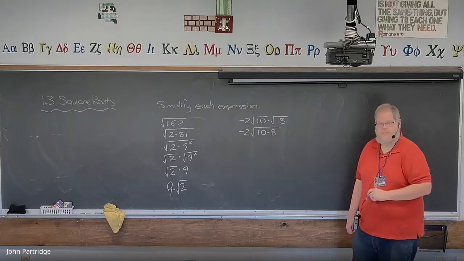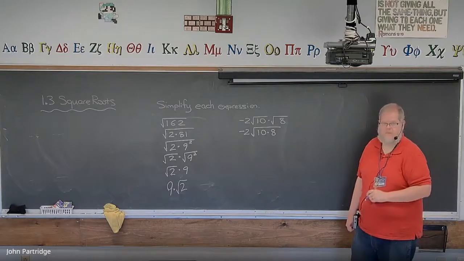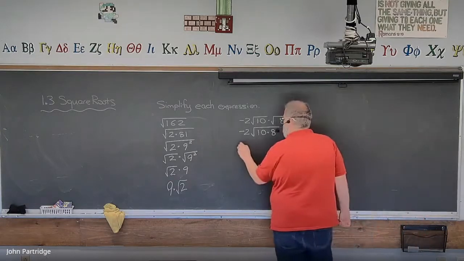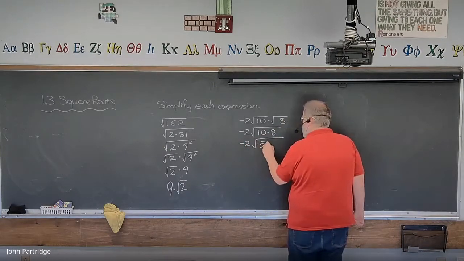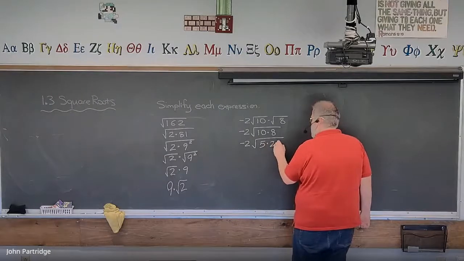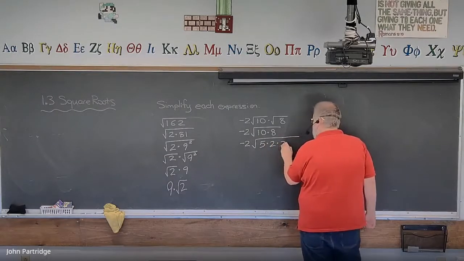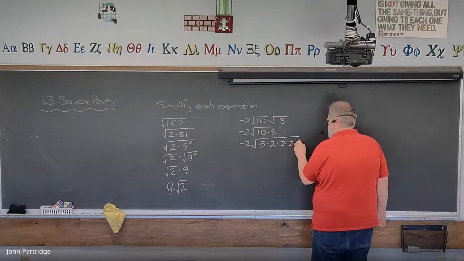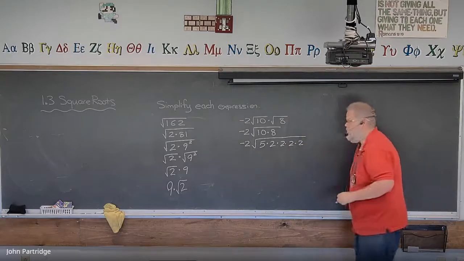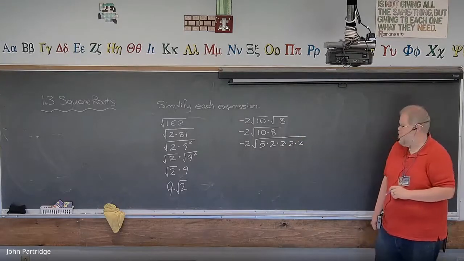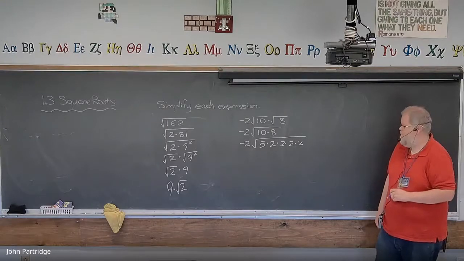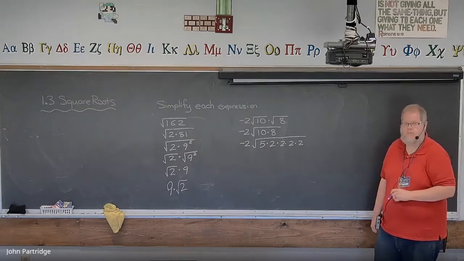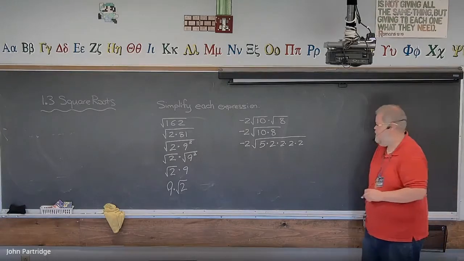Negative 2 times the square root of 10 times 8. Negative 2 times the square root of 5 times 2 times 2 times 2 times 2.